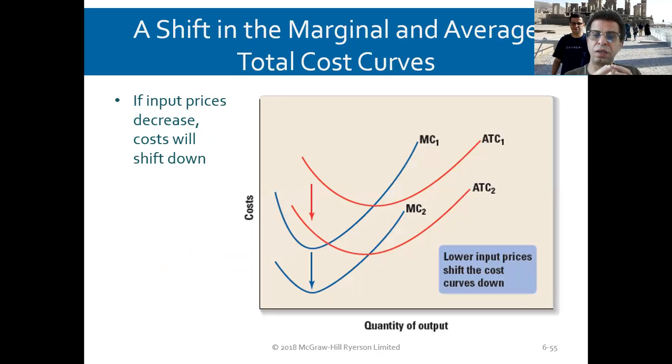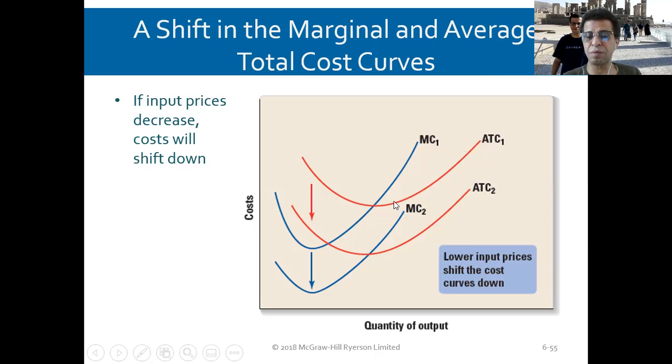So a shift in the marginal and average total cost. If the input prices decrease, the cost will shift down. Basically, we said if there is technology improvement or the prices of inputs go down, what will happen? The average total cost will be shifting out because your cost is lower.